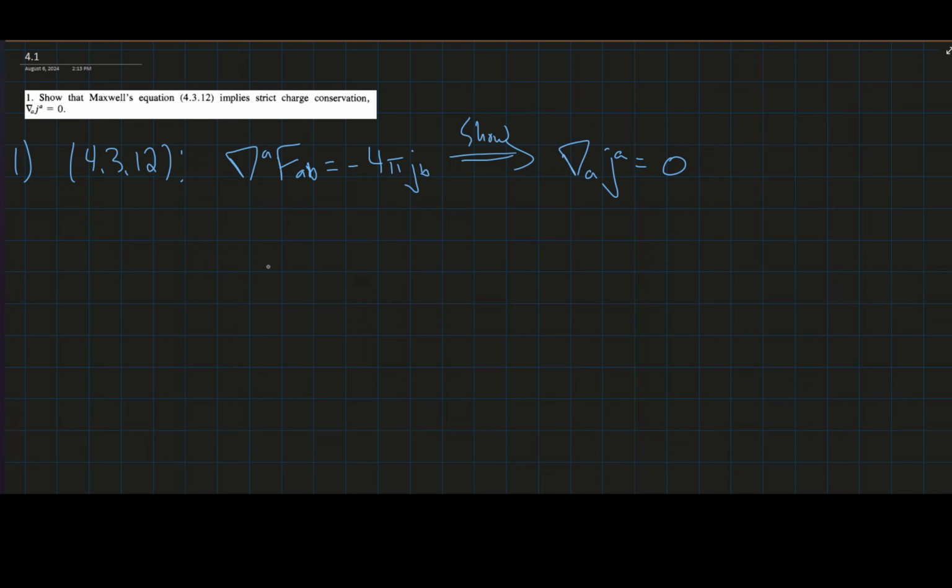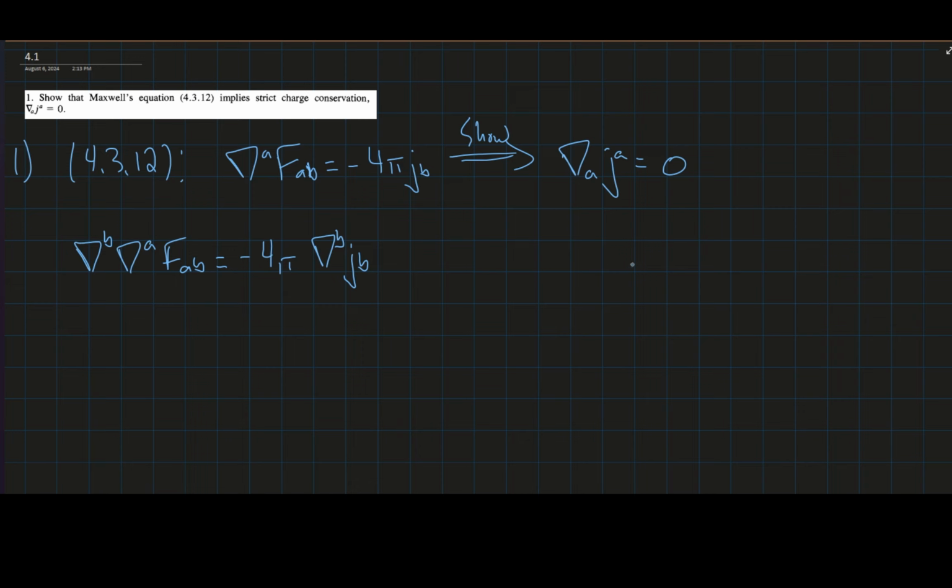Okay, so we can start by taking a covariant derivative of both sides of this equation. So we'll get something like nabla_B nabla_A F^AB equals, and then the covariant derivative is going to pass through the constants, of course, and we get nabla_B J^B here.